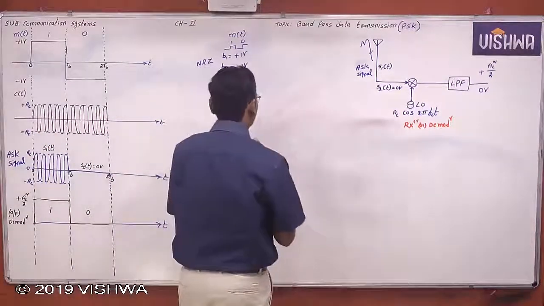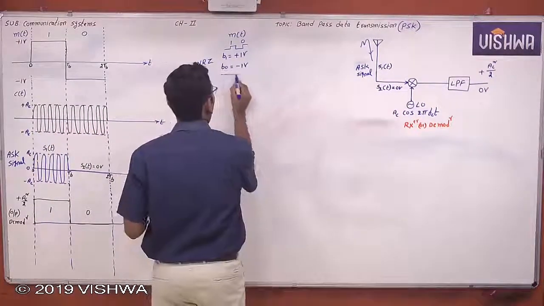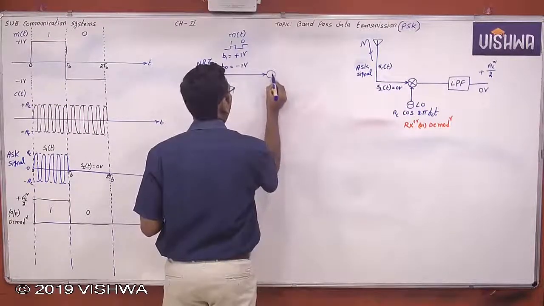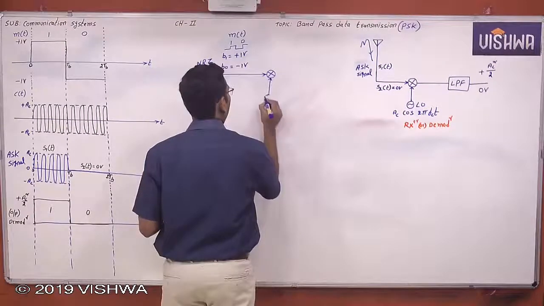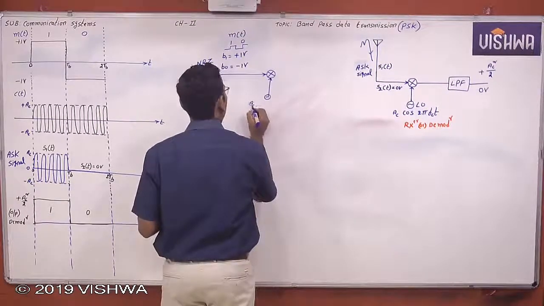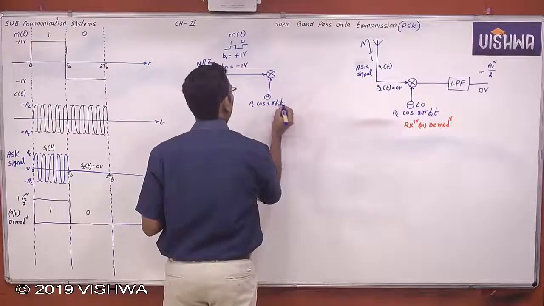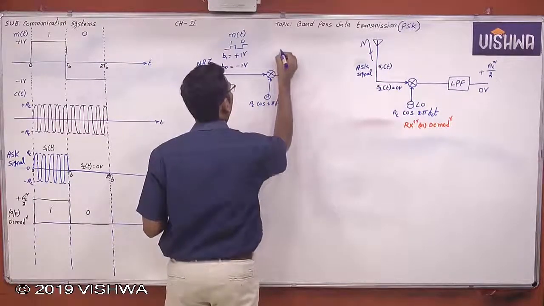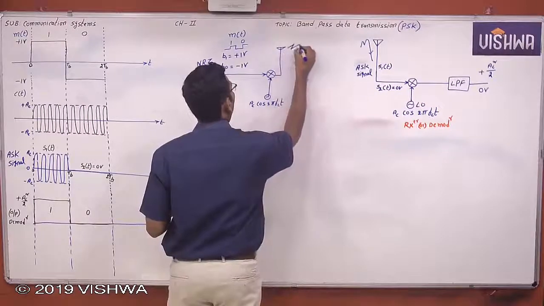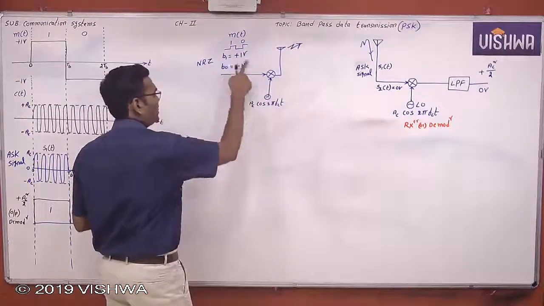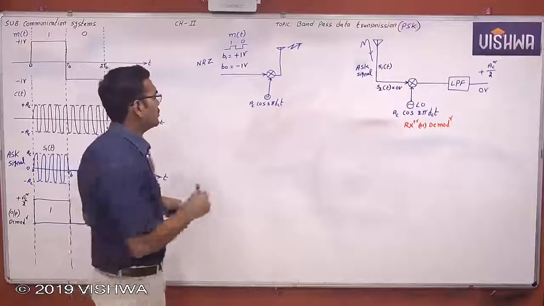But this cannot be transmitted over longer distances. Then we'll take the help of an analog carrier, Ac cos 2 pi Fc t. Now, what is this? Plus 1 volt multiplied with Ac cos 2 pi Fc t.